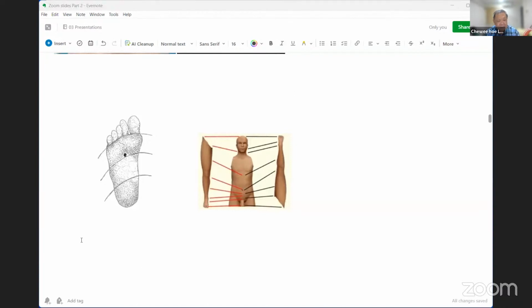Now, Kidney 1. Do you agree? We use Kidney 1 to treat a coma patient. Agree? And brain issues, Kidney 1 is superb.